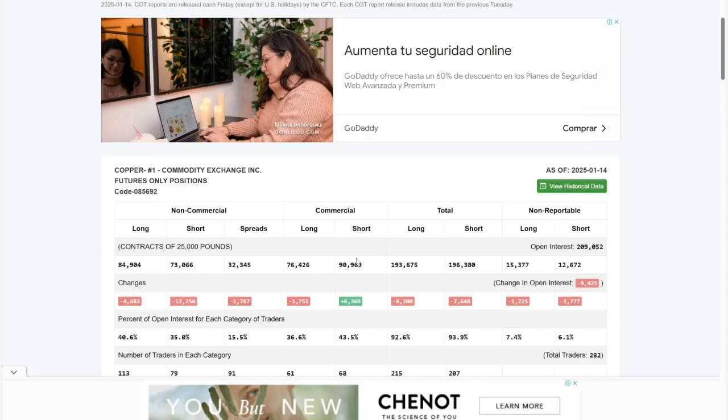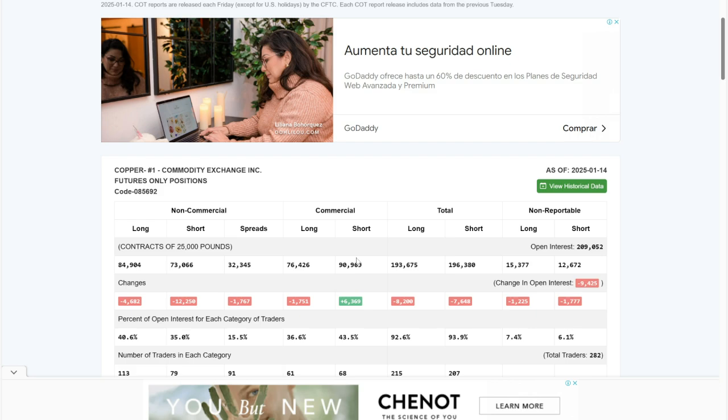Now we are going on the higher time frame because I want to let you understand and to reply to the guy that told me, how can I use the COT data to understand if institutions are accumulating or distributing price? And this is exactly what I'm going to cover also in this session.